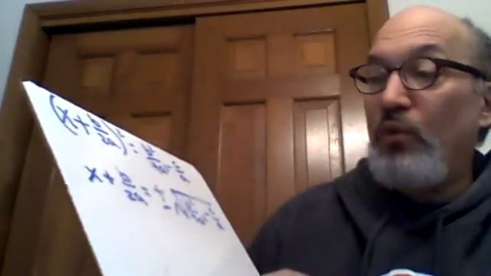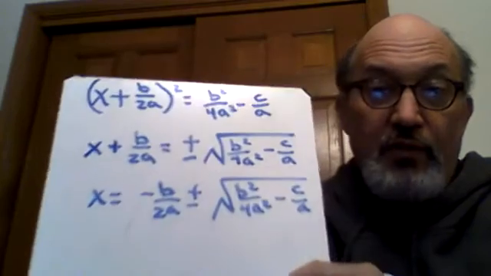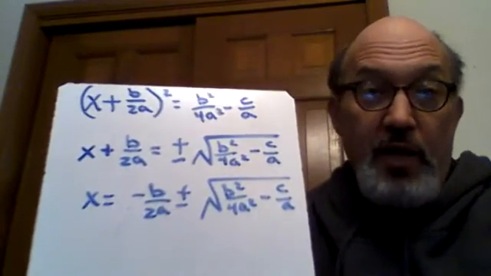Subtract b over 2a from each side and get x equals negative b over 2a plus or minus the square root of b squared over 4a squared minus c over a. And ladies and gentlemen, I would like to make this point. That's the quadratic formula, or that could have been.